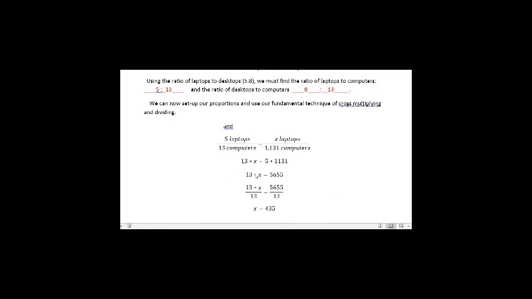So I finished the equation, cross multiplied, multiply these together, and then divide both sides by 13, and I get 435, and I should put what that is, because that's going to be what X is, and that's laptops.